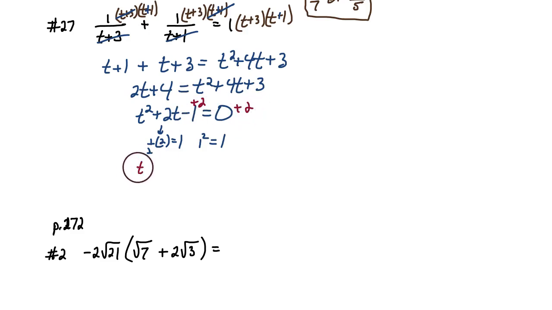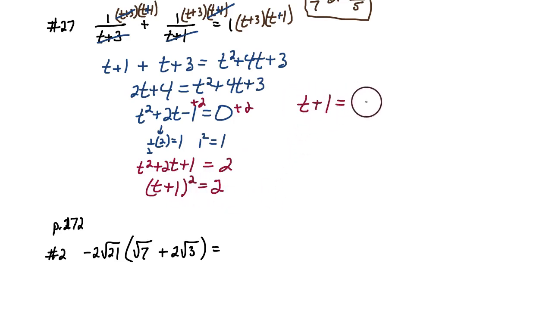So our trinomial is now t squared plus 2t plus 1, and that's equal to 2. Now factor that perfect square trinomial. Now take the square root of both sides. And finally subtract 1 from both sides. And here are our two answers for t.